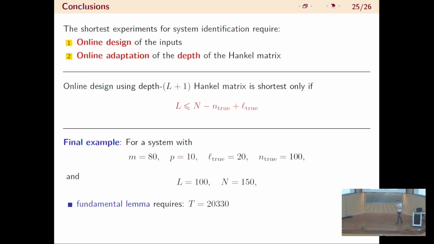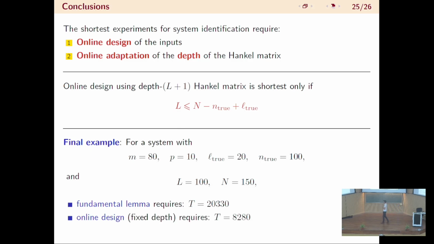Now, the examples that I showed you before were, of course, meant to be simple, and 9 samples, 7 samples, 5 samples. But for slightly larger systems, the improvement can be also very large. So let's have a look at one final example. For instance, if I have 80 inputs, 10 outputs, and 100 states, and I take these upper bounds on the lag and the state space dimension, the fundamental lemma requires more than 20,000 samples.